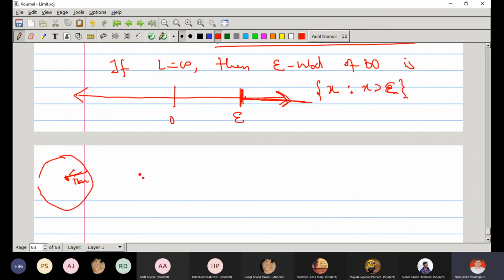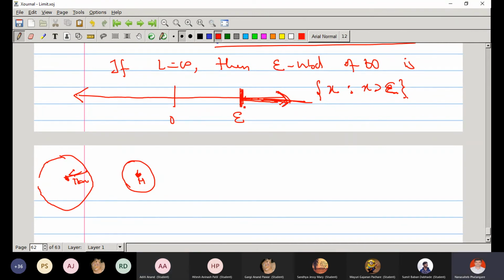But sometimes you take your house as a center and draw a 10 meter circle around you. That is your neighborhood. So it depends. Similarly, if you consider everything on the right side of epsilon, you can think of it as a neighborhood of infinity. Am I right? Yes, sir.